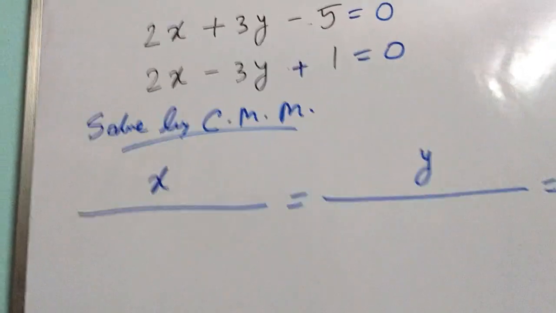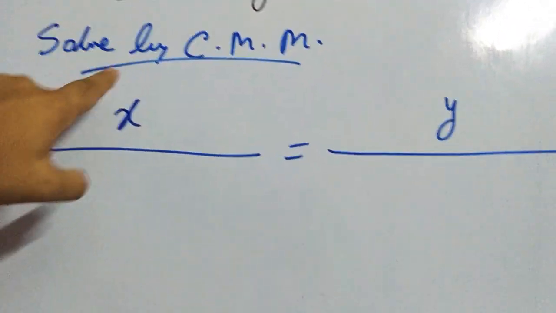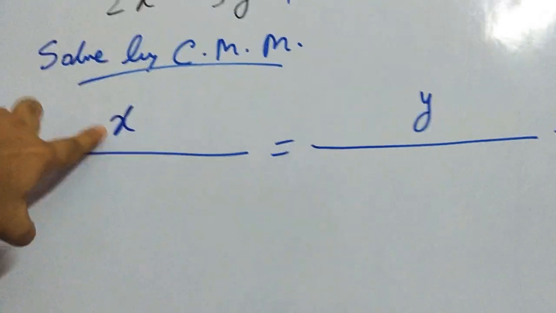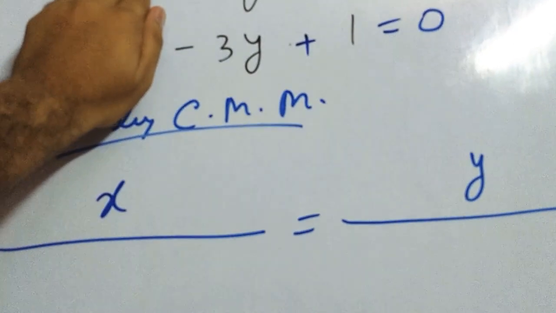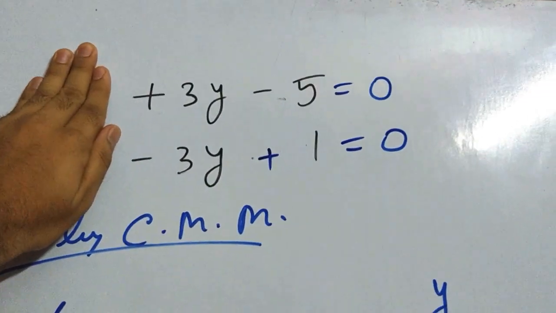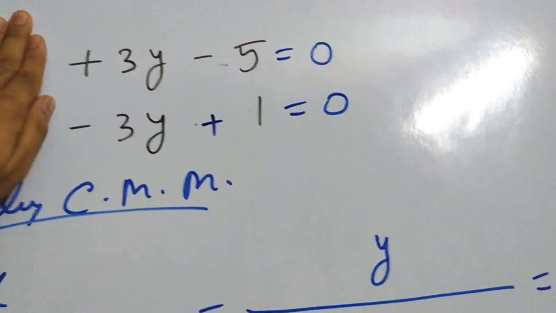Now just see, follow my hands, x by. When you take one variable, you just cover that variable part. Here I have covered the x part, and the remaining parts are y and the constant.